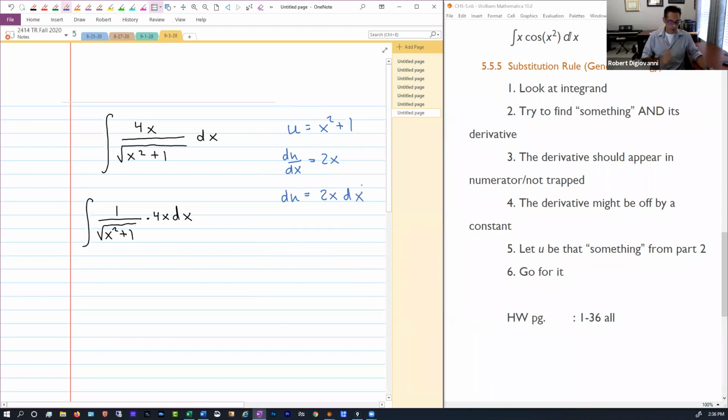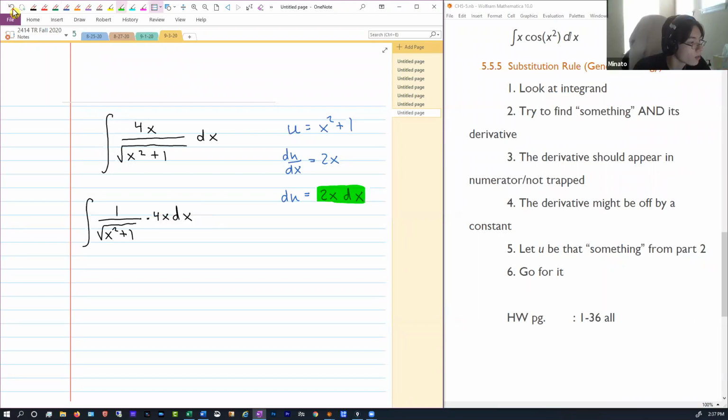And now we're trying to play this little game where we match things up. I hope that you all see that we have a 2x dx here, but over here we have a 4x dx. And they don't match, do they? We're off by a constant. We could take a 2 out of the integral, and that would be a completely legitimate algebraic move.